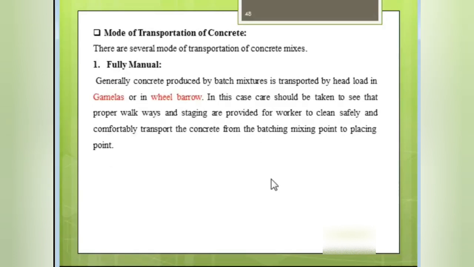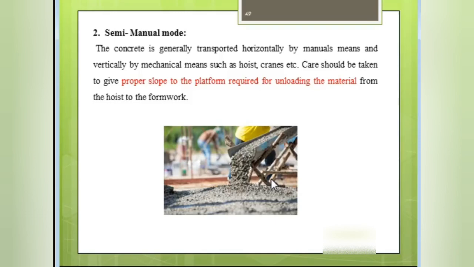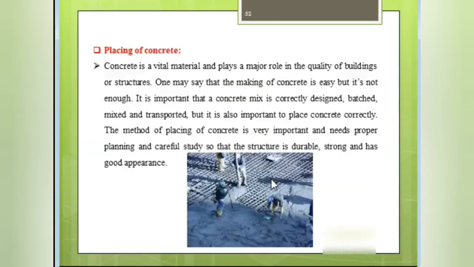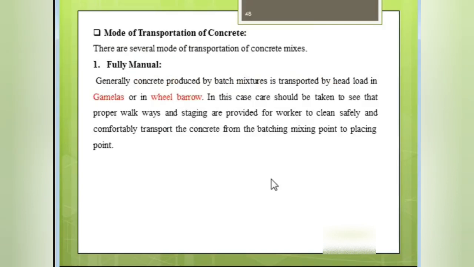So what are the modes of transportation? Manual, semi-manual, and mechanical. What is fully manual? We prepare concrete on the site itself and place it into our formwork.